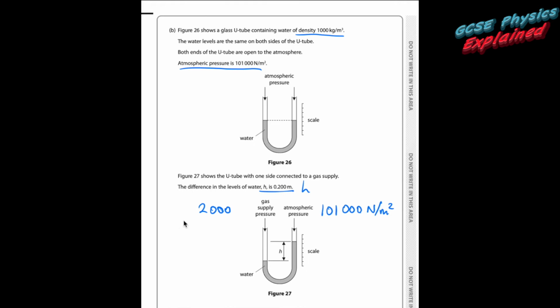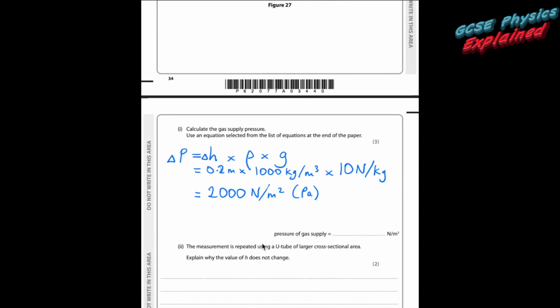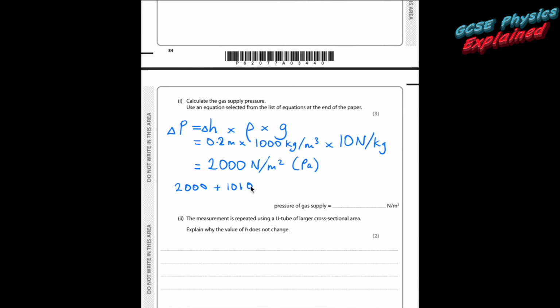So we need to add that to the 101,000. So basically the pressure over here must be 103,000. So because this is extra pressure pushing down, that's why it's pushing this side up. So your answer is 103,000.